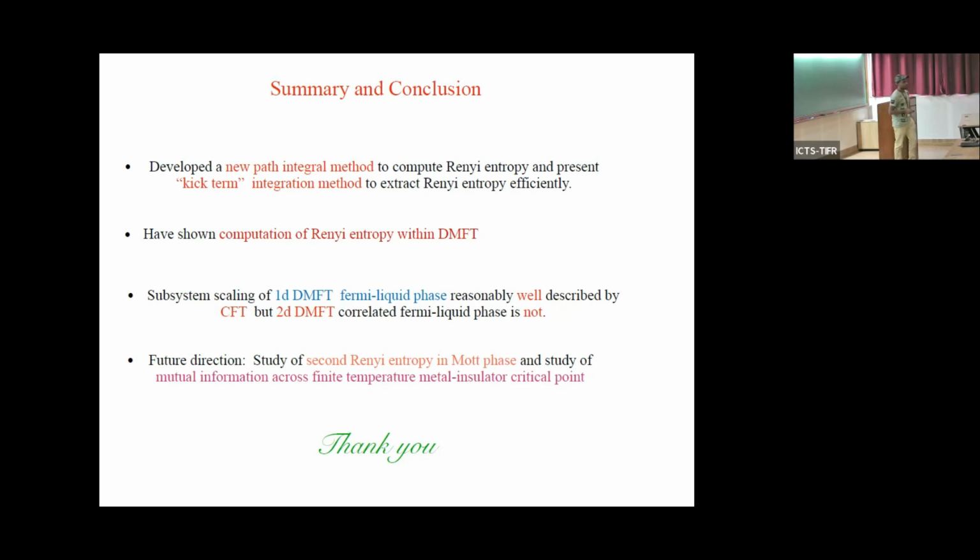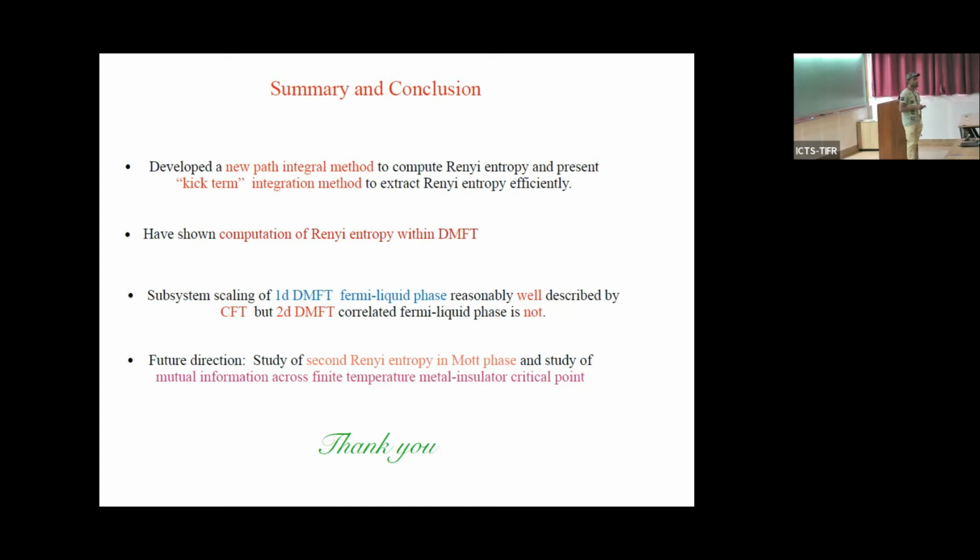Yeah, sorry, this is something about the finite temperature. At finite temperature, your state is a mixed state, right? Yes. So that is why you are saying that you need to distill out the entropy of entanglement.